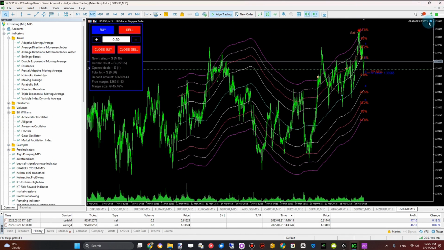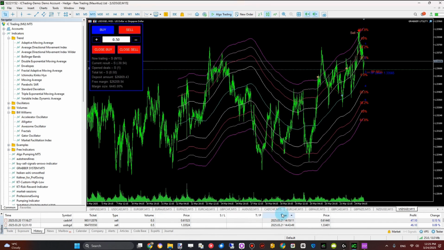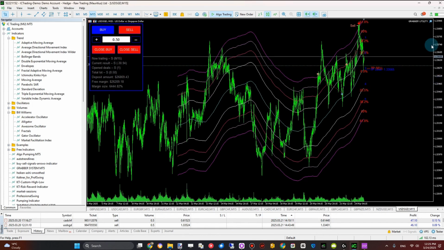I remind you that initially we will need to select the trading lot here, so that the utility knows what lot size to average with. If you are trading with averaging, then I recommend reducing the trading lot size by half, or even by 3 times.